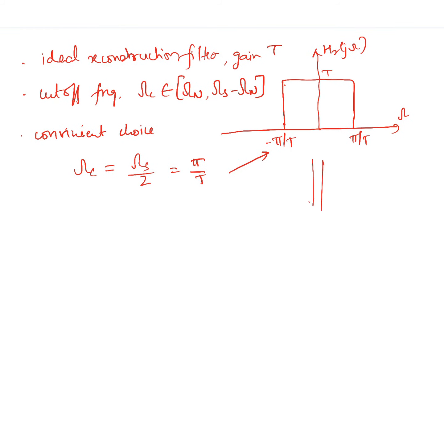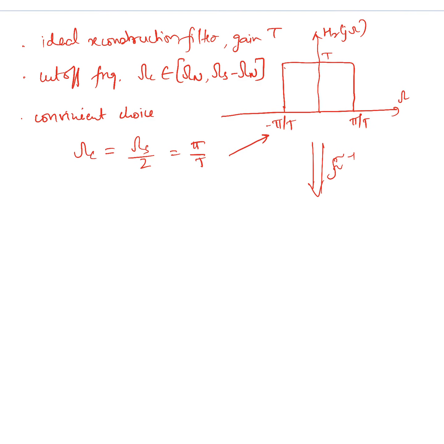If I take the Fourier inverse of this HR of j omega, then you would get a sinc function, which is something like this one, with zeros at minus T and capital T, and the next one you get at 3T, and similarly.